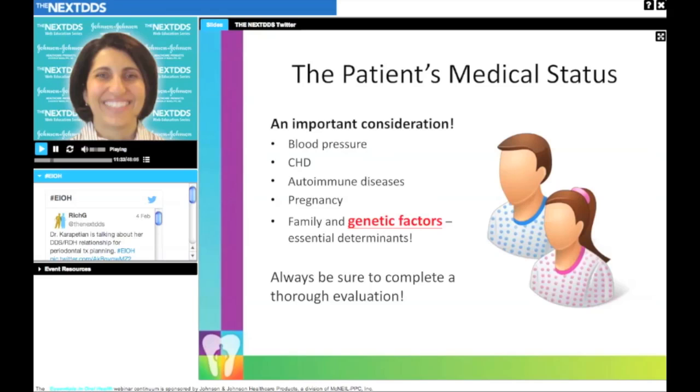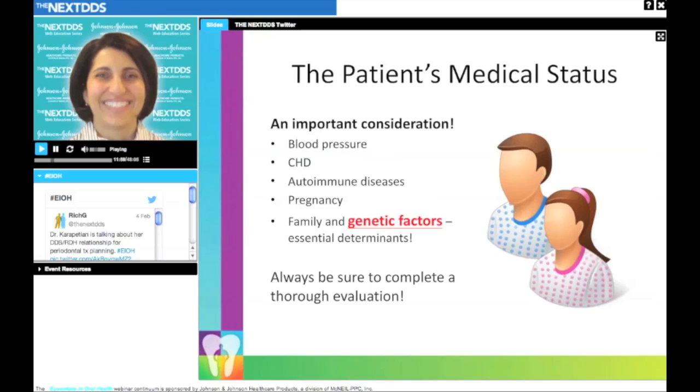So what I meant about the control is that if we have a patient who has, let's say, type 2 diabetes, if they are a brittle control diabetic or an uncontrolled diabetic, they have a very high risk factor to develop periodontal disease, or if they do have periodontal disease, they will have very poor control of the periodontal disease.